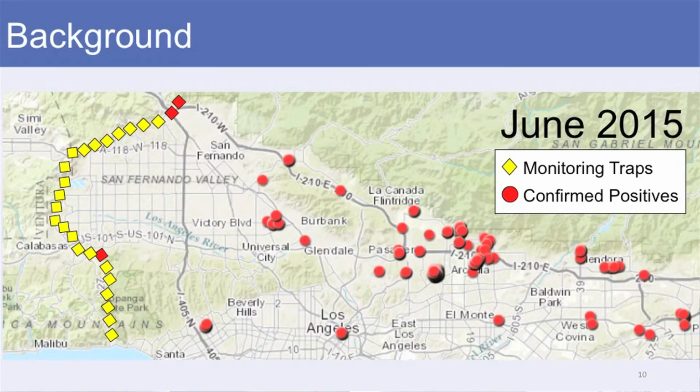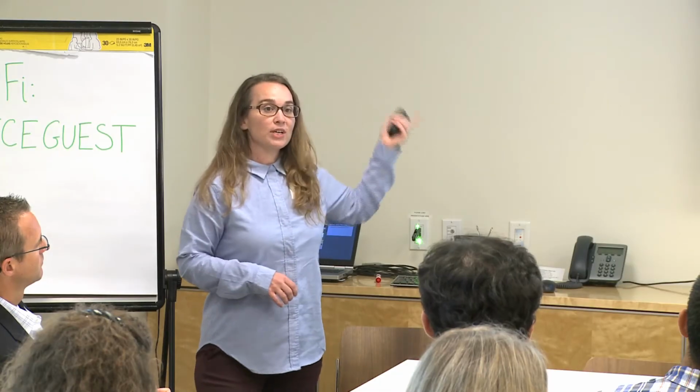And in June 2015, the beetle was captured in two locations in this trap, but none of the trees in the area have been monitored ever since.